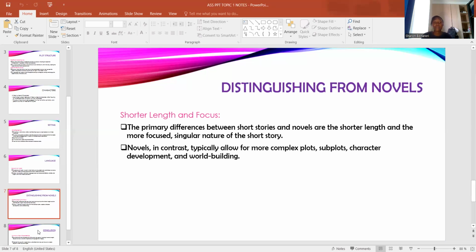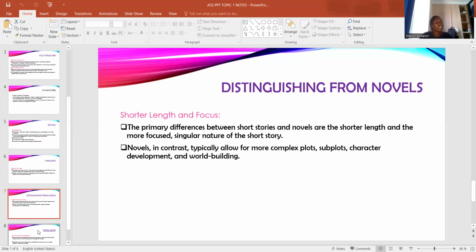So the primary differences between short stories and novels are the shorter length and the singular focus of short stories. A short story is just a few pages, maybe even 3 pages, 4 pages, 5, 10.